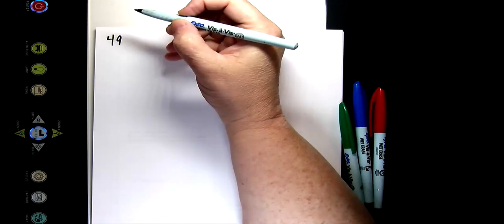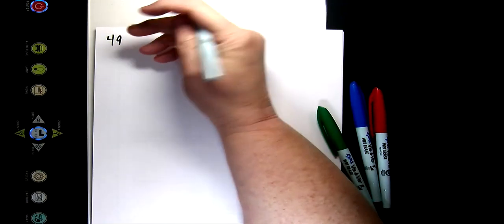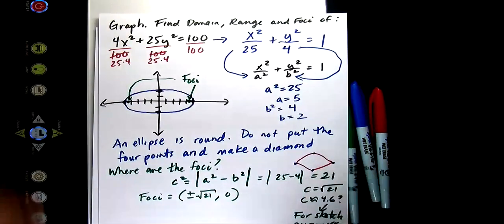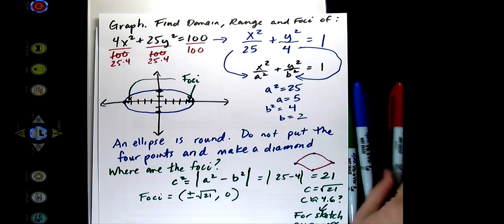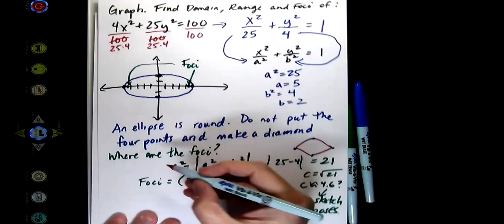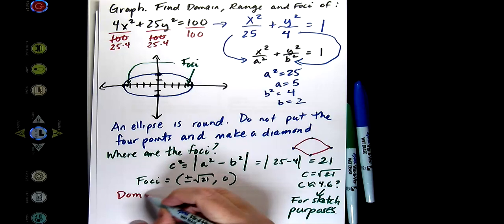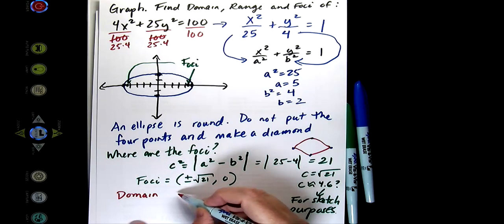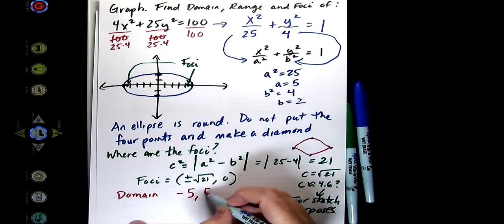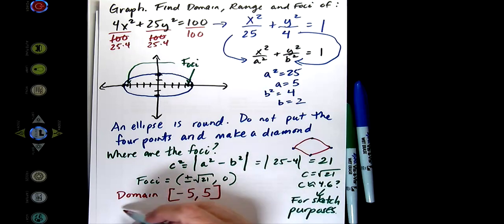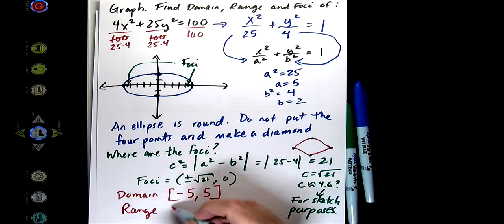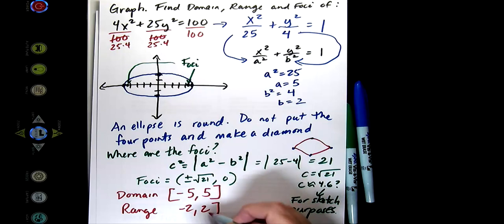Now, what's the domain and range? Domain would be -5 to positive 1 in the bracket. The range is -2. Yep.